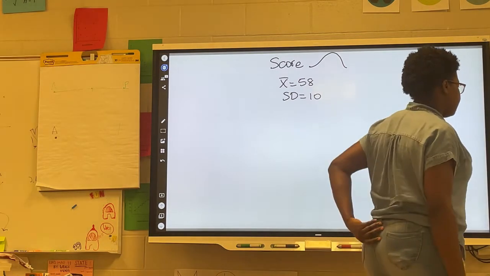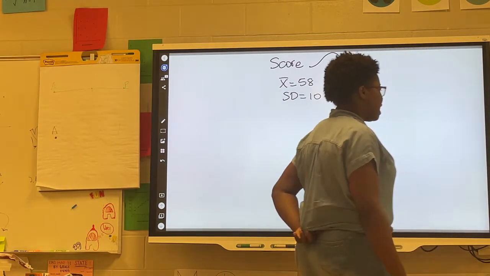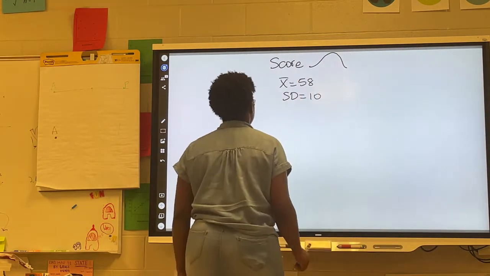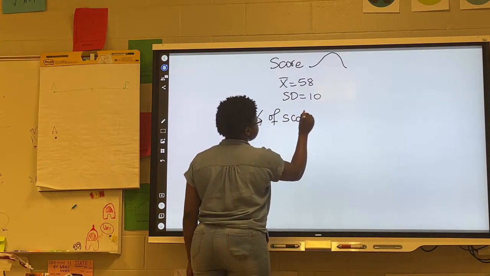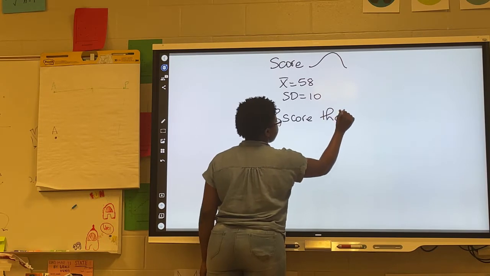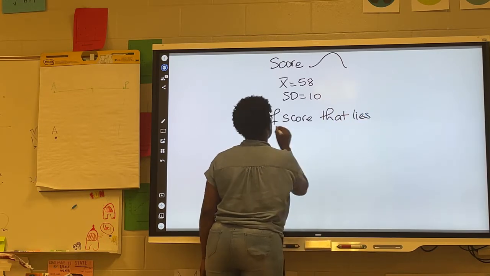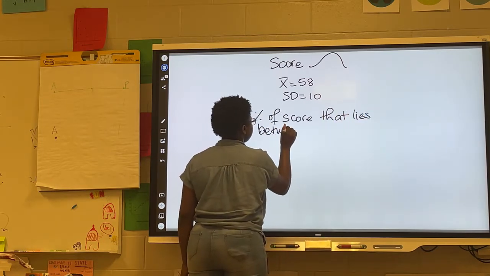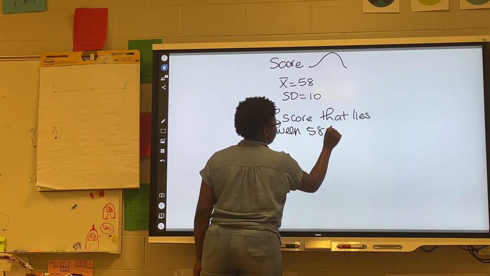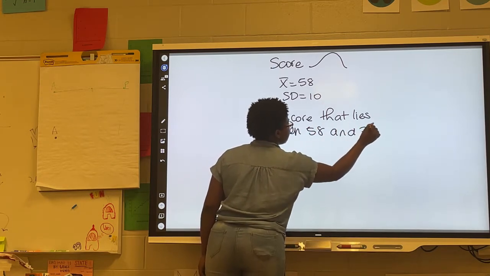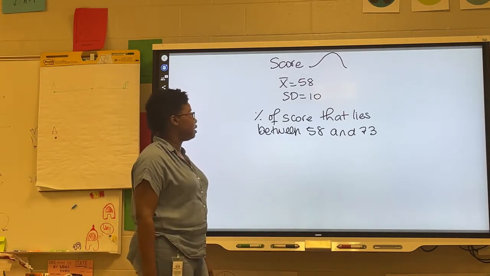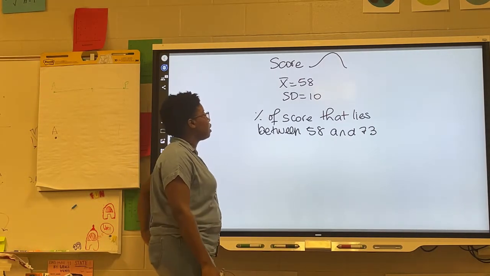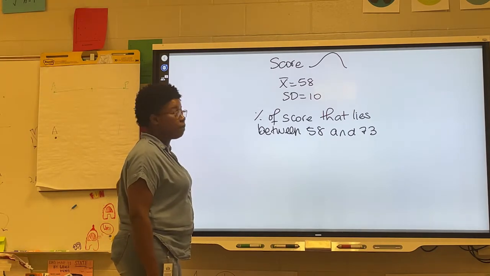And you are asked to find the percent of scores that lies between 58 and 73. Alright, so there are two ways we can do this, either by a calculation or by drawing our bell curve.